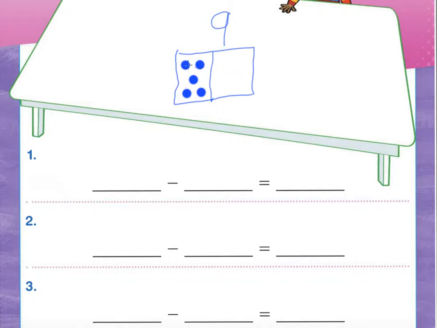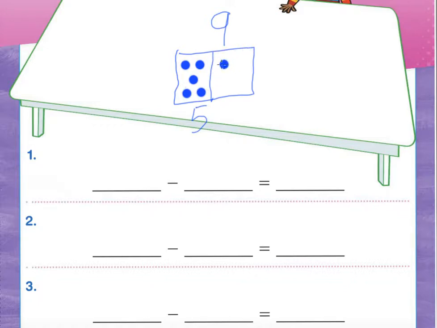So after we count these dots, 1, 2, 3, 4, 5, we know that the part that they want us to know is 5. Then we have to figure out this part over here, the part that we don't know, the missing part. So what we're going to do is try counting on from 5 until we reach the number 9.